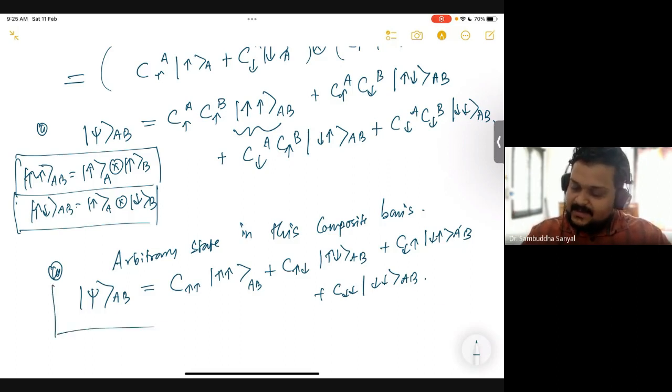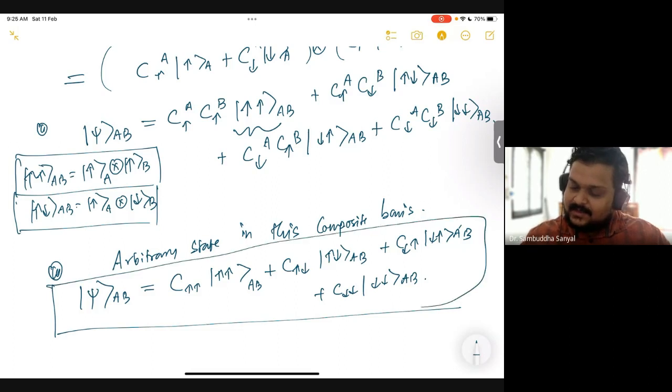If something is written like this, it is more general. Of course this includes the first form, but this has much more. If something is like this, can it be decomposed into this AB form? Can it always be decomposed in this AB form? And if it cannot, then what kind of state is it? And if it can, then what kind of state is that? That is the question of entanglement.